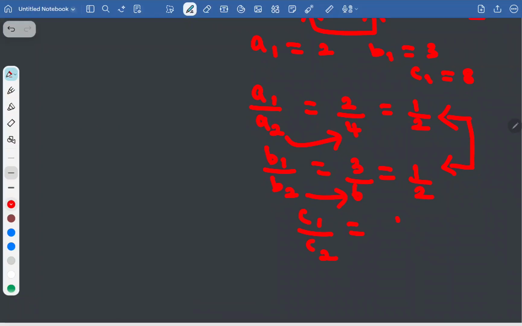C1 by C2, C1 is 8. If I take C2 as some 24, see here 1 by 3. These two are equal but not equal to C1 by C2, because here we have 1 by 3. Therefore A2 should be 4, B2 should be 6.